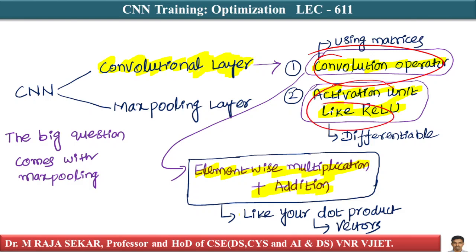Convolution is very similar to a dot product, except that it is done on matrices. So it is also differentiable.